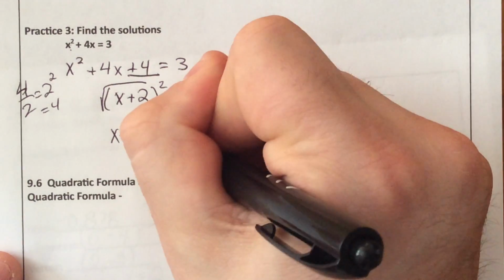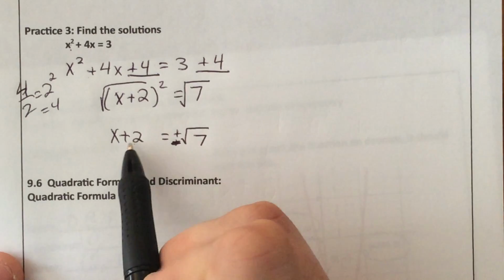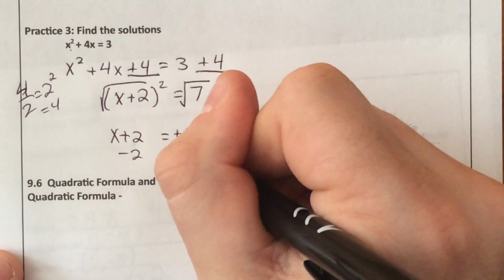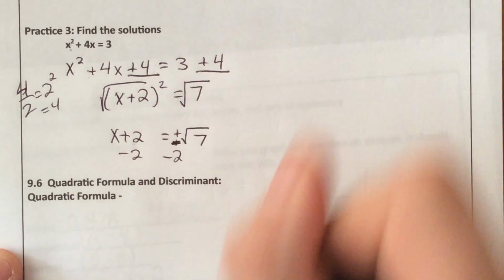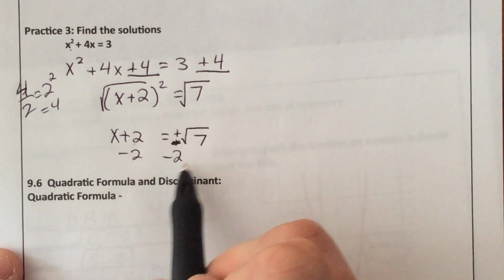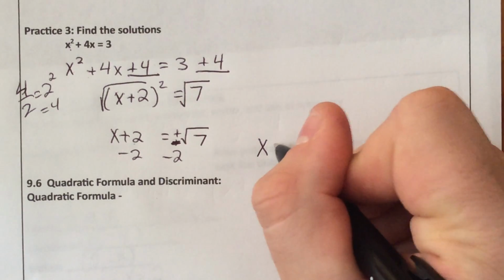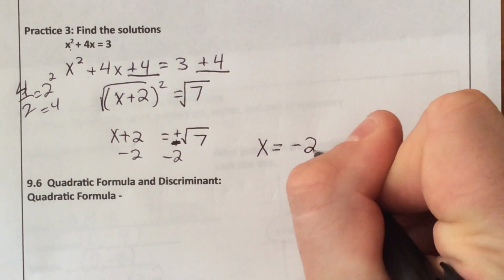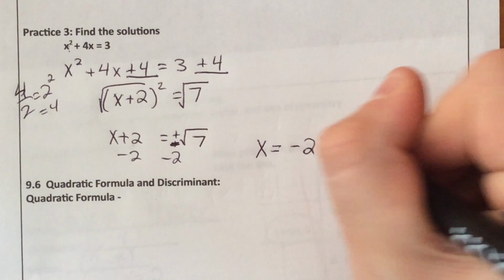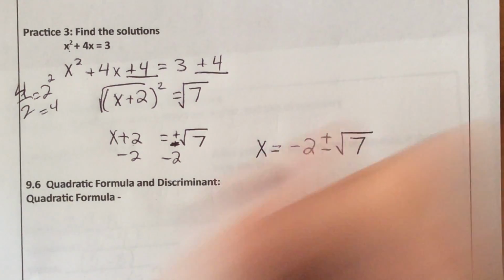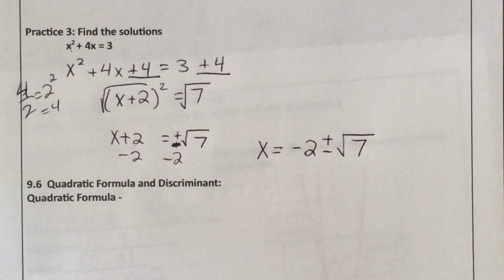Sorry, that looks like plus plus. Plus minus, subtract 2. Now, this time, we subtracted the 2 here. When we put it out front, it just becomes minus 2 plus or minus the square root of 7. Okay, and that is how we complete the square.